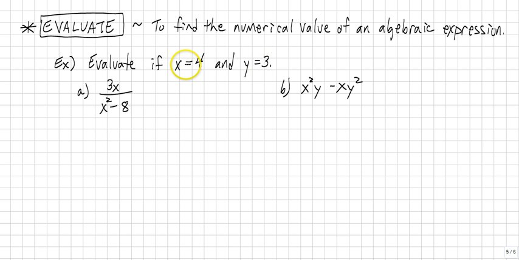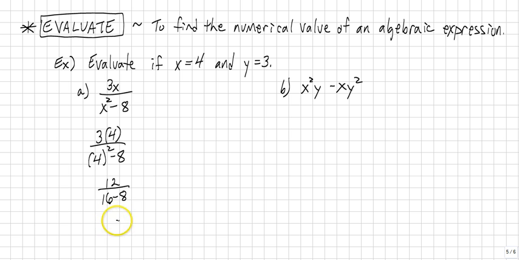Well, since x is equivalent to 4, we're allowed to place 4 anywhere we see an x. That's using the substitution property. So this would be 3 times 4, and then 4 squared minus 8. And then we use the order of operations. So we'd have 12, and then we'd have a 16 minus 8.